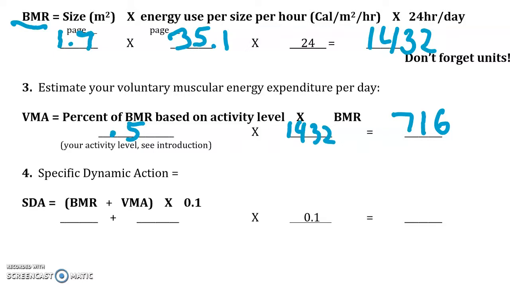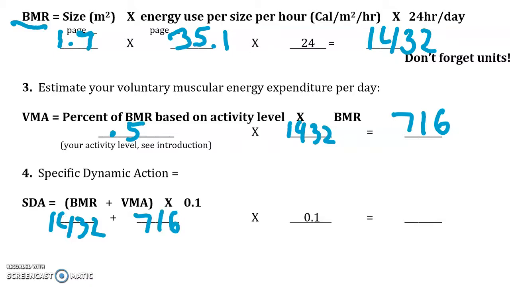And then we need the specific dynamic action, and that is 10% of your BMR plus VMA combined. So you're going to take your BMR number, which was 1,432, plus the VMA, 716 kilocalories, times 0.1.